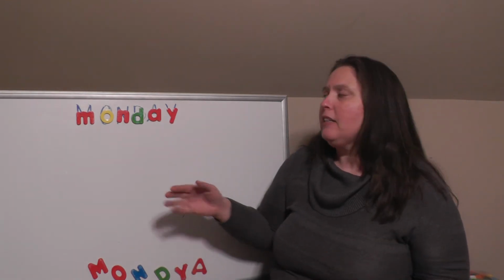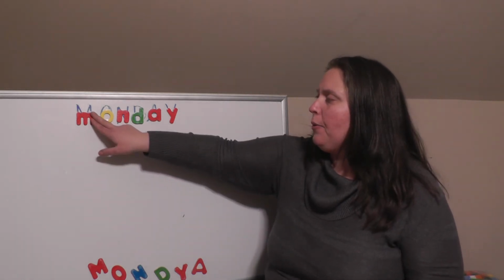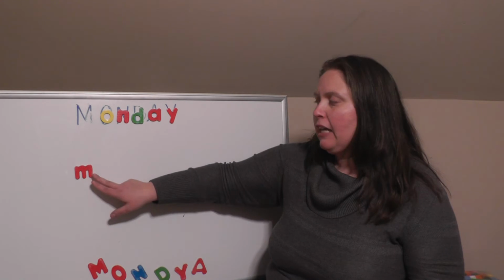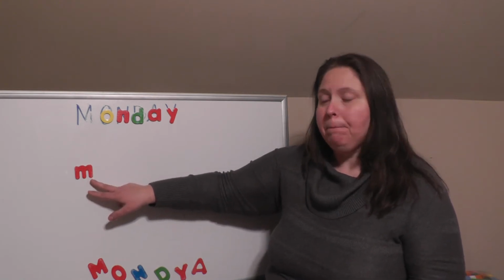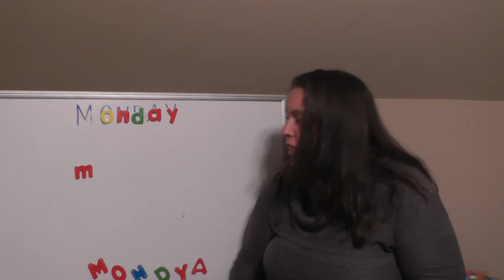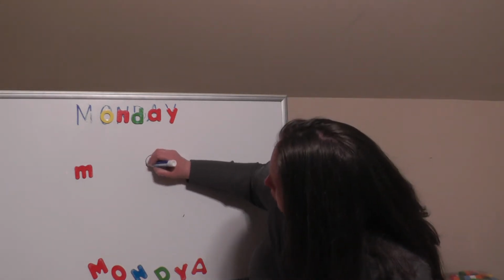So other than that, we could take one of these letters, like we can say, oh, here's the letter M. M says "mmm." Can you think of a word that starts with M? And then maybe you could draw some pictures. What's something that starts with M? A glass of milk.